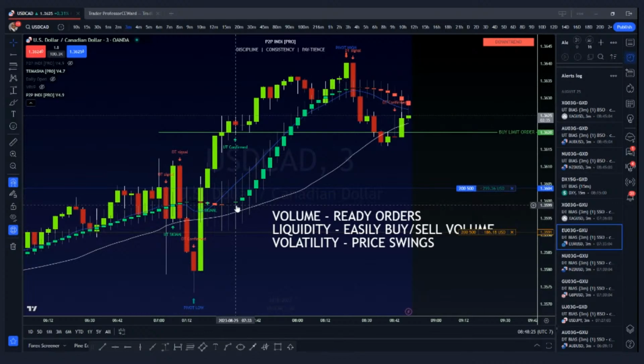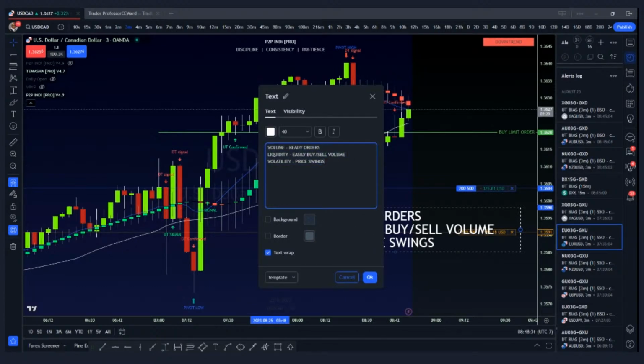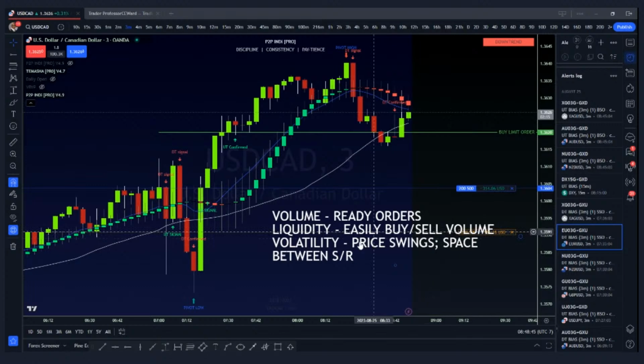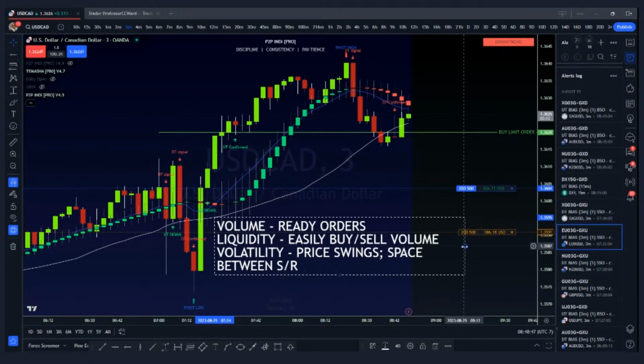It's like, what is the space between support and resistance? That's what price swings are. It's the space between support and resistance. They call it price swings. Okay, that's volatility.